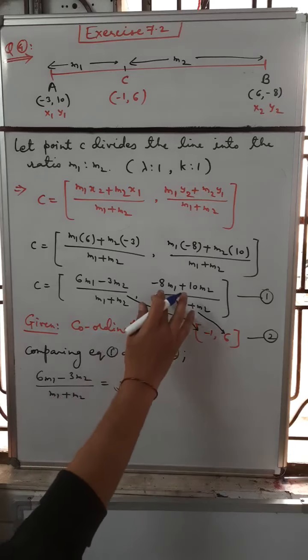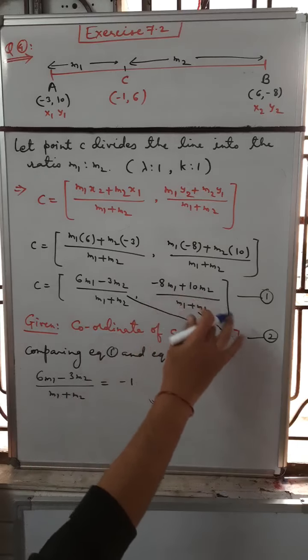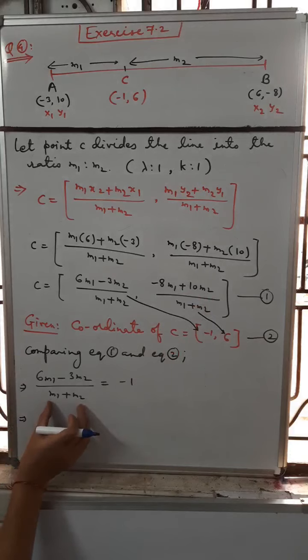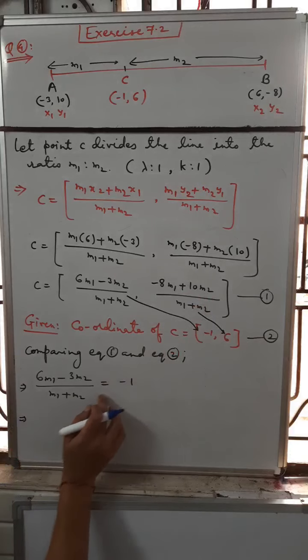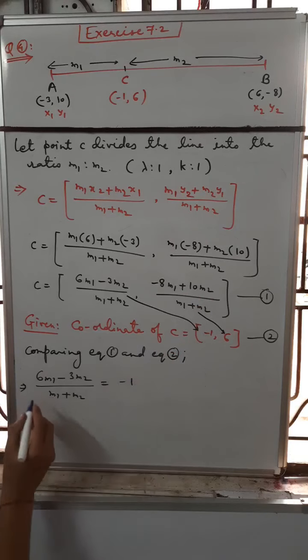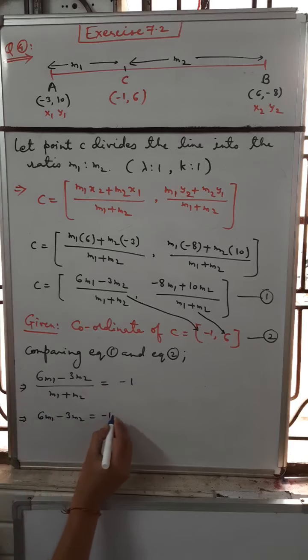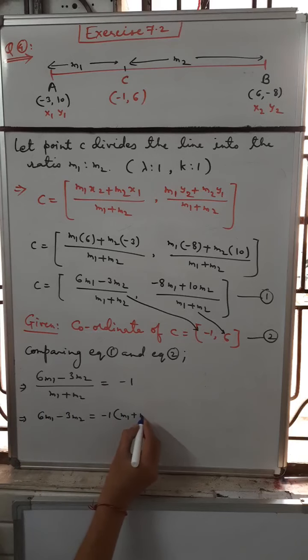You can also take the y coordinate, both will be equal, but it is enough if you take one coordinate. Now cross multiply: 6m1 minus 3m2 is equal to minus 1 times (m1 plus m2).